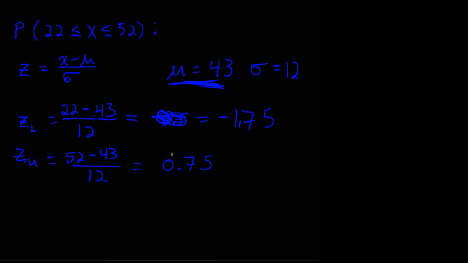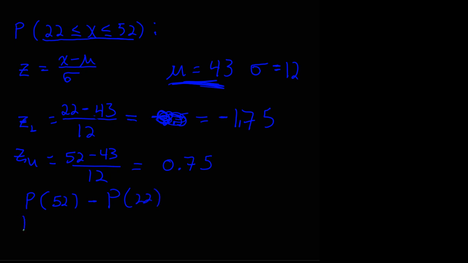Now we have a z-score range, and they're related to the standard normal. These are the z-scores that would come out of a standard normal, and I'm going to look these up on the table. Remember, when looking for a probability between two z-values, we want the probability for the larger one minus the probability of the lower one.